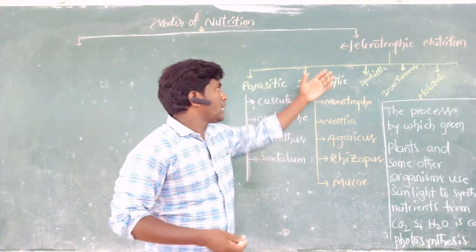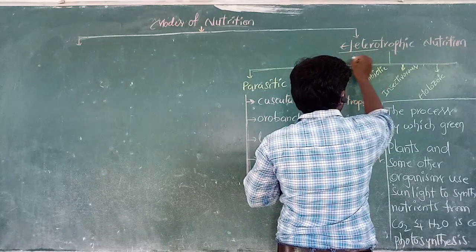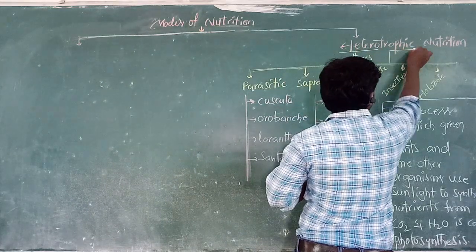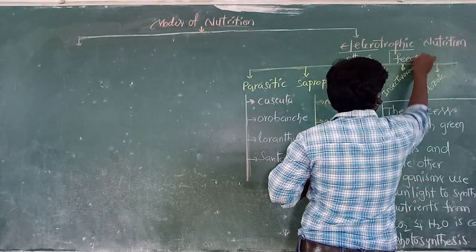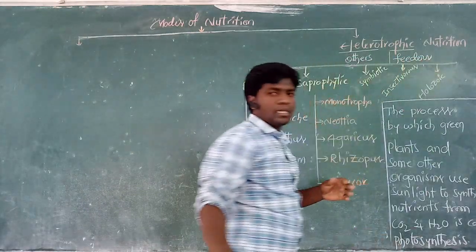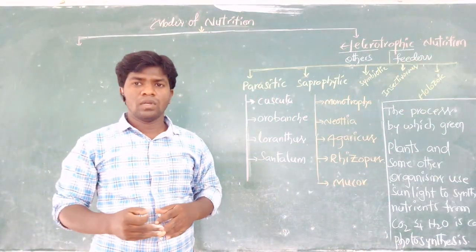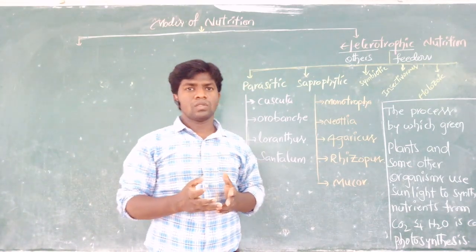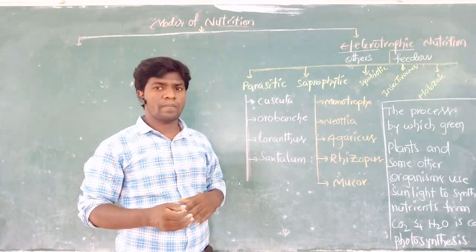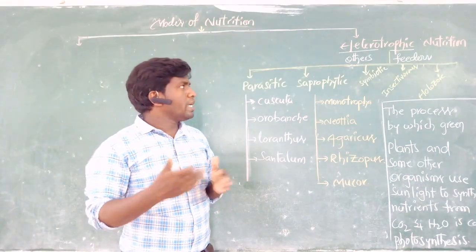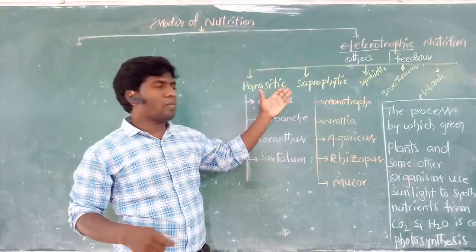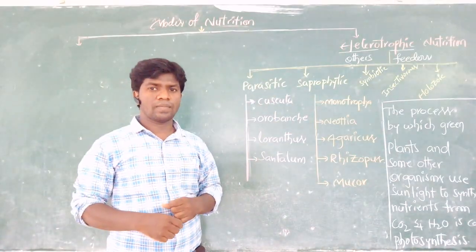They depend upon other animals for food. That is heterotrophic nutrition. Who are eating other animals? They are the heterotrophs.